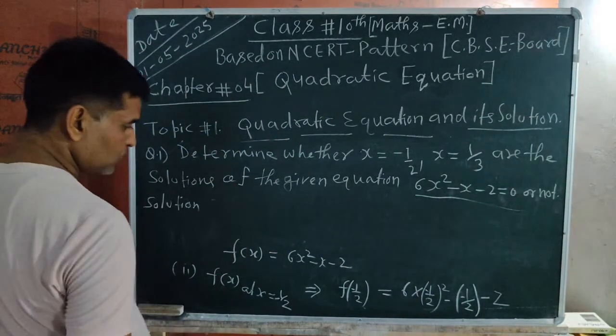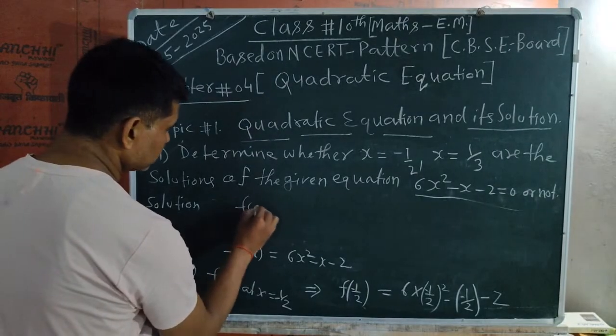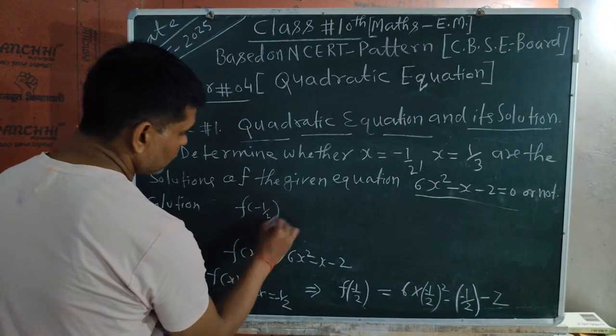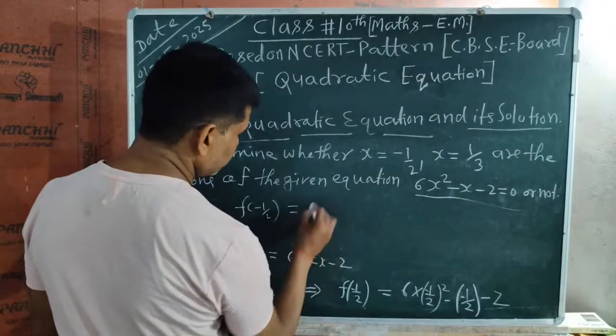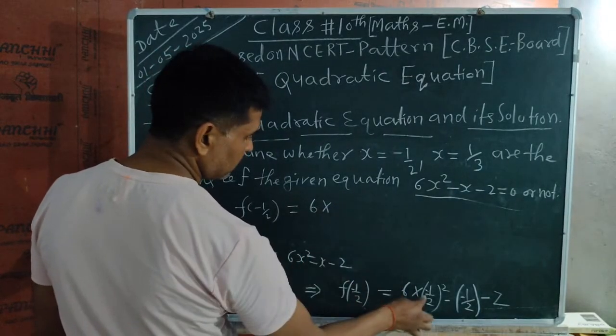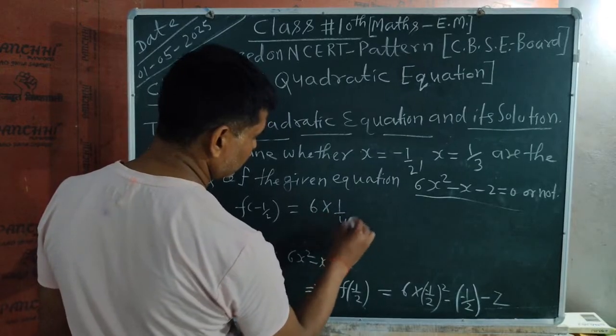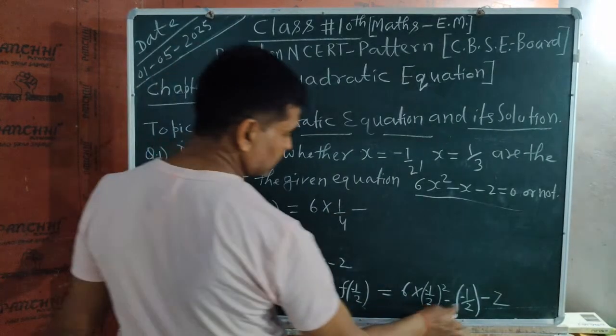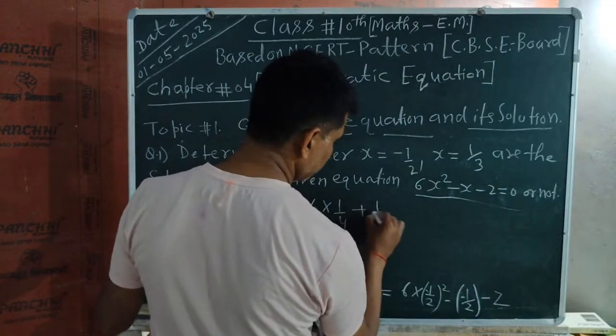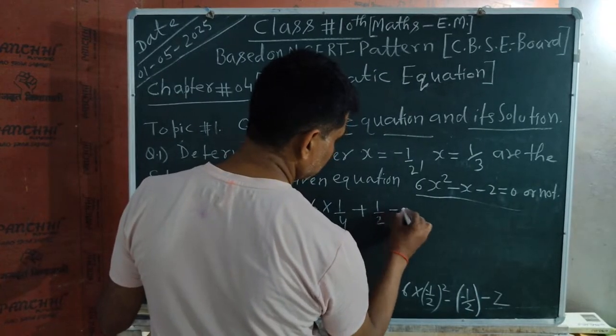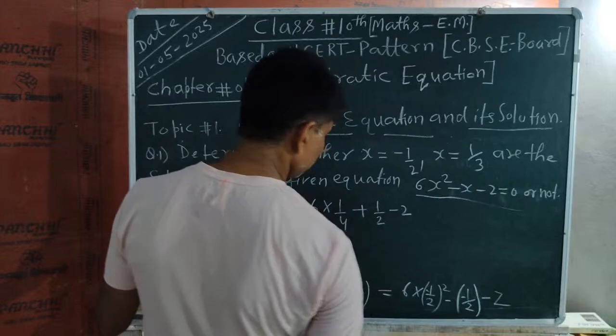Okay, so here I will write f of minus 1 by 2 which is equal to, I will simplify it, that will be 6. Here I will write minus 1 by 2 into minus 1 by 2, that will be 1 by 4, and this minus and this minus will become plus. So I will write 1 by 2.